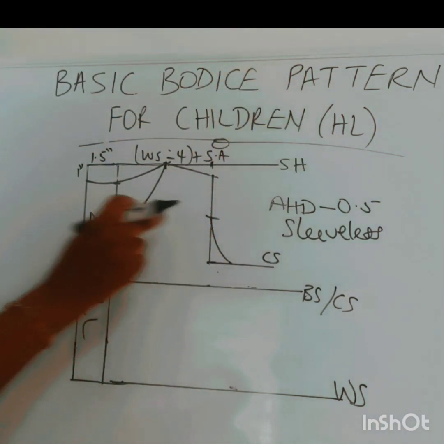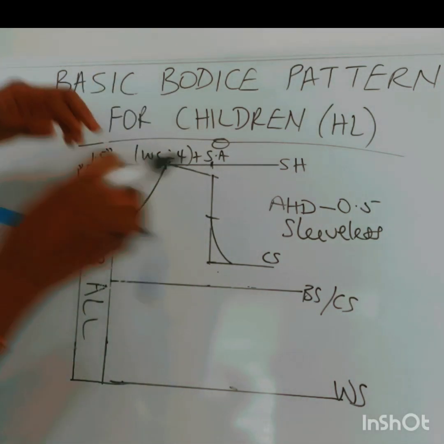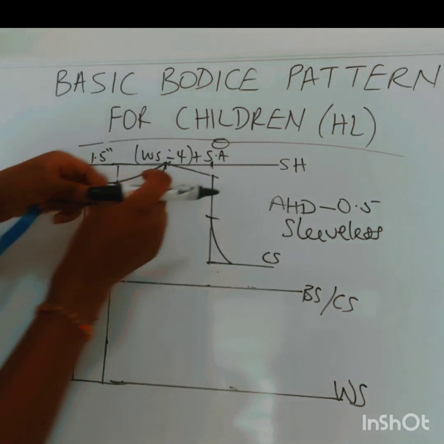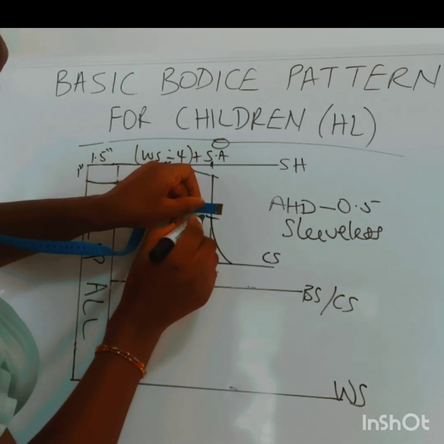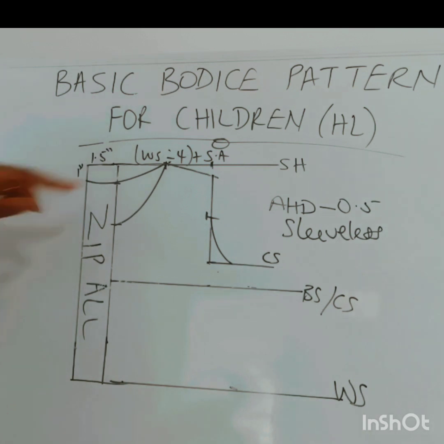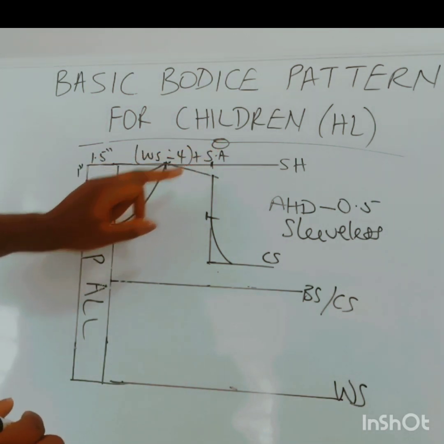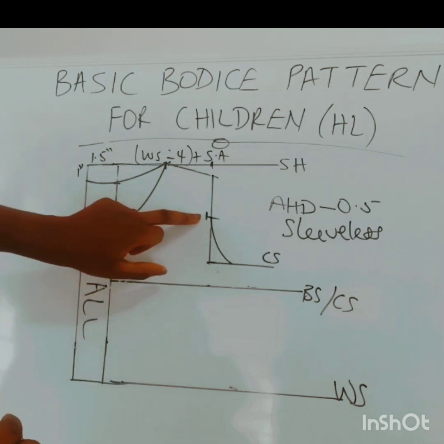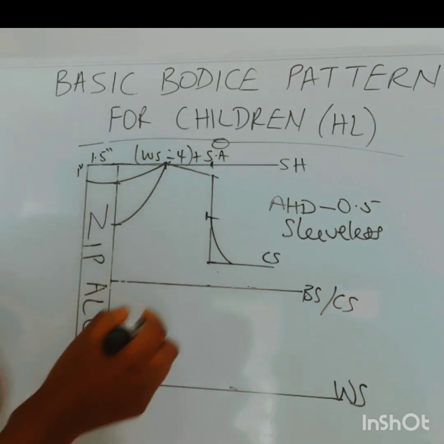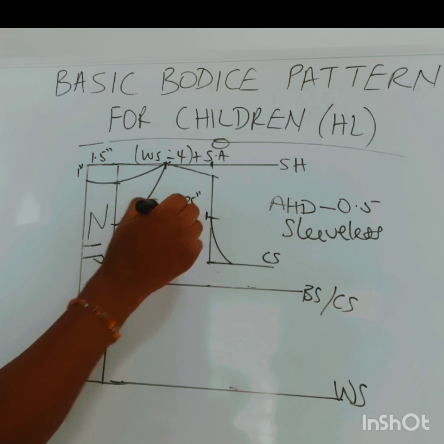And then for the front armhole, you go in by quarter of an inch. For an adult, you usually go in by ½ inch, but for children, you go in by quarter. So take note of the difference. Shoulder, you come down by ½ inch. Adult is 1 inch. The armhole for the front, you go in by 0.25, which is quarter inch.